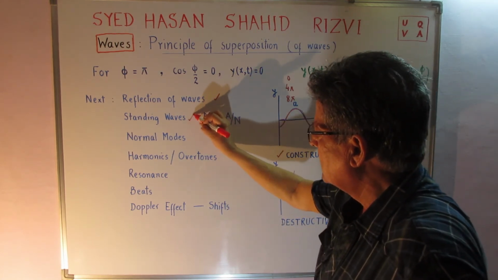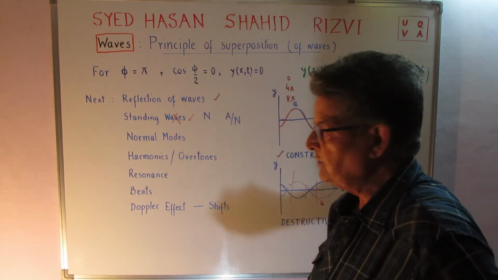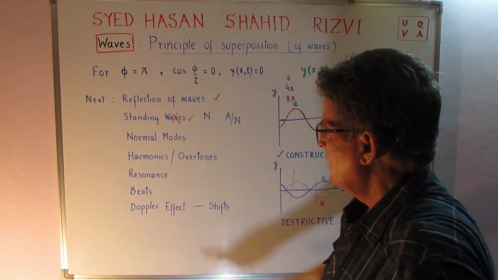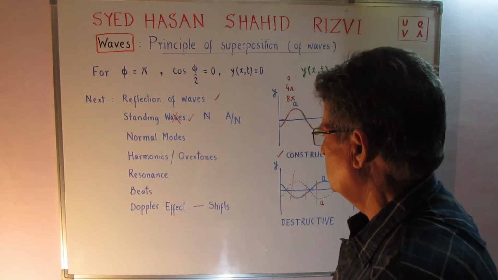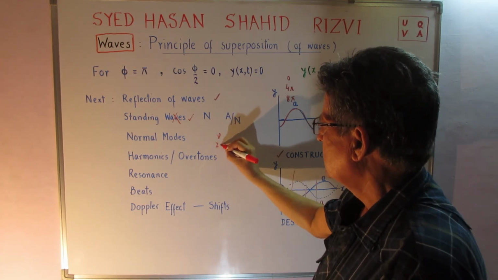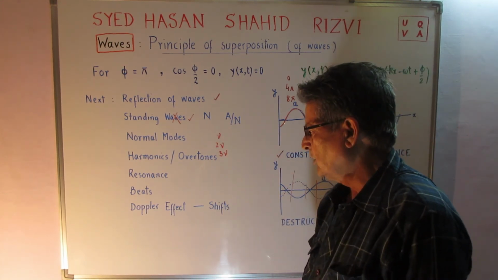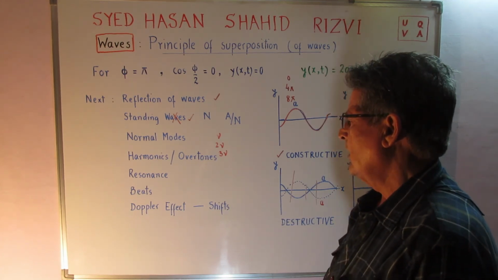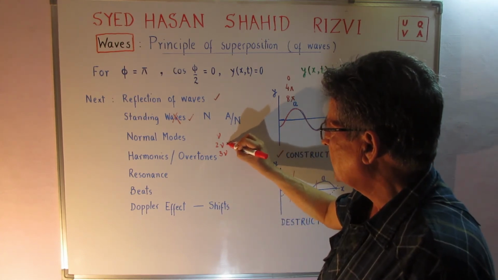Then standing waves, which are not waves at all, with nodes and antinodes, and normal modes of vibration. Harmonics, as in music, are the associated frequencies nu, 2 nu, 3 nu, etc. But overtones, in the case of music: we call the fundamental frequency, and the first overtone is the second harmonic.